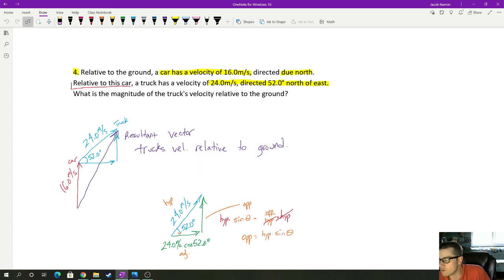And again, for some of you, this may be a little basic, but for a lot of you, I bet you haven't done this in a long time. So hypotenuse is 24.0 meters per second times the sine of my angle theta, in this case 52.0 degrees.